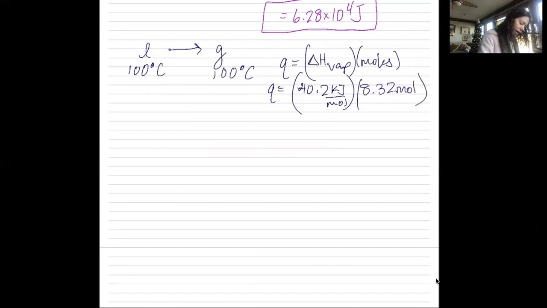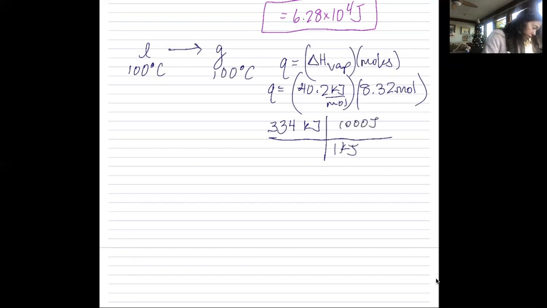Now let's do that, 40.2 times 8.32, and that is 334 kilojoules, but we need joules. So let's multiply that by 1,000, and that is 3.34 times 10 to the fifth joules.